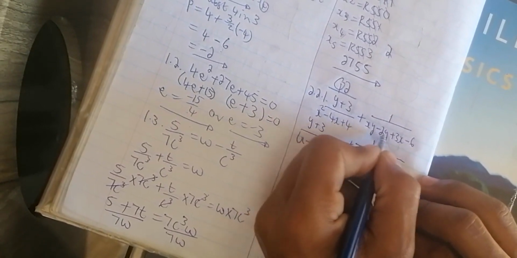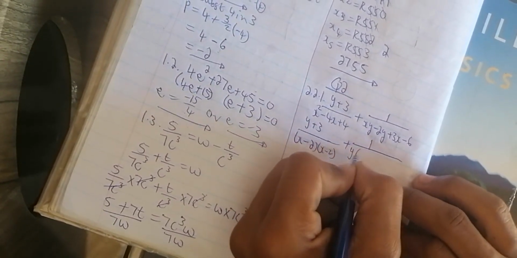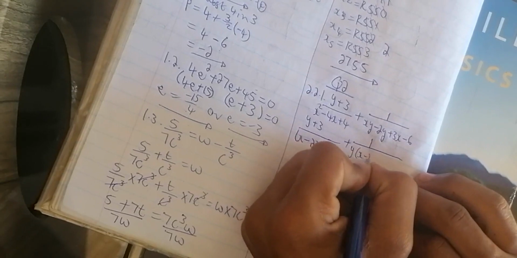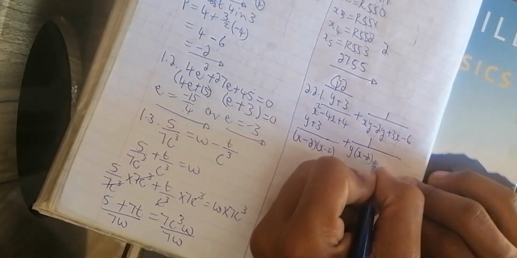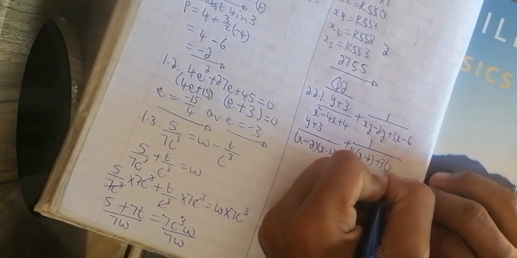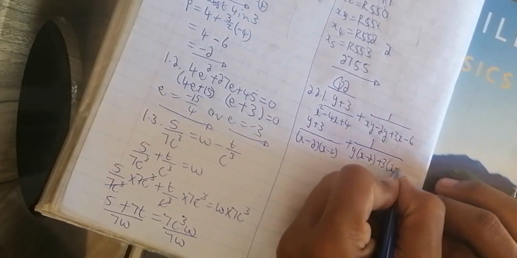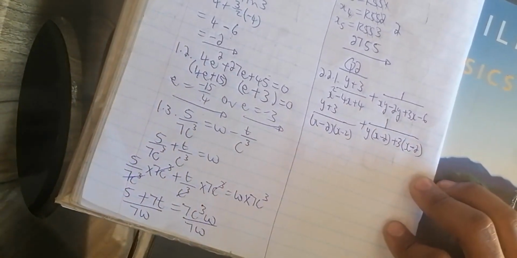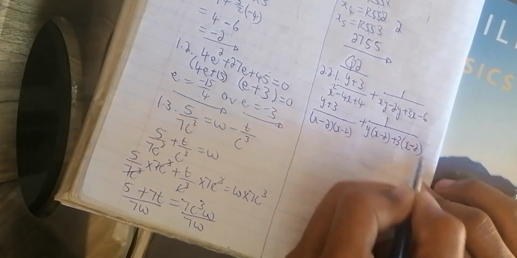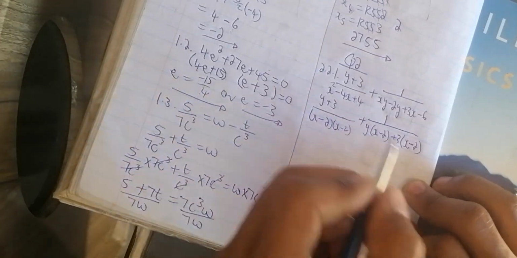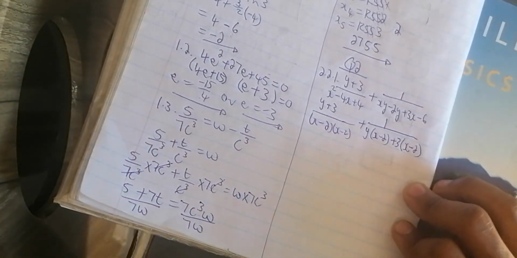There's something common in here, which is y. And I'll be left with x minus 2. There's something common in here, which is 3. And I'll be left with this. Can you see this? So this is 3x minus 6. Very good. And then from here, what is it that I can do?